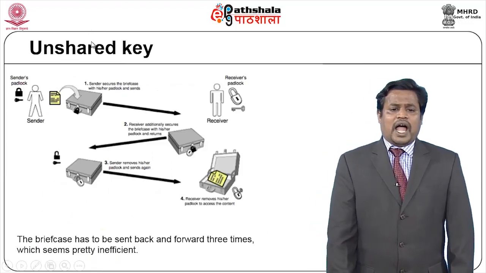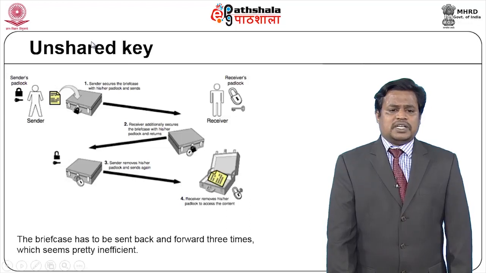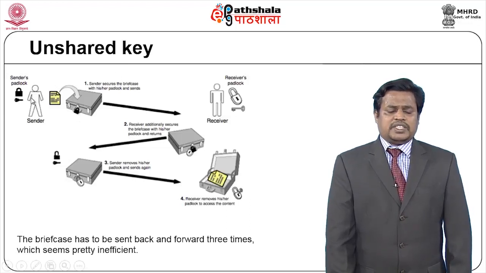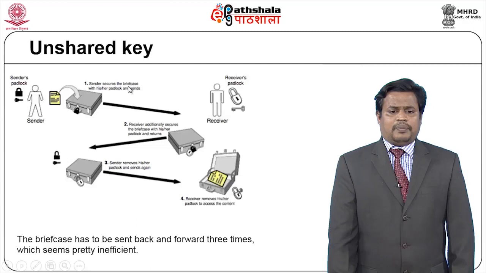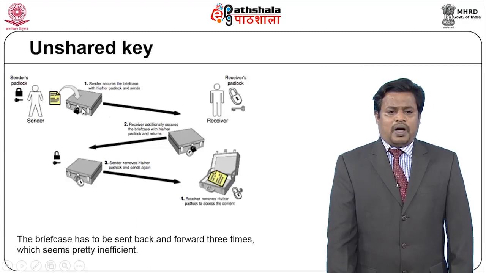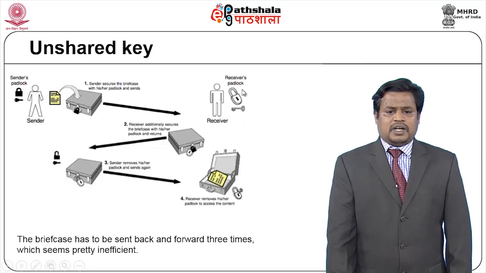Now we are entering the unshared key concept, that is, the asymmetric key concept. Earlier we saw that the sender will send the content in a briefcase which the receiver will open, but before that they need to share the key. This case is entirely different. Here I am not going to send the shared key. The sender sends the briefcase with the sender's padlock, then the receiver puts on his own padlock.